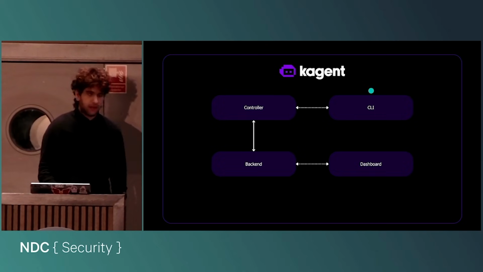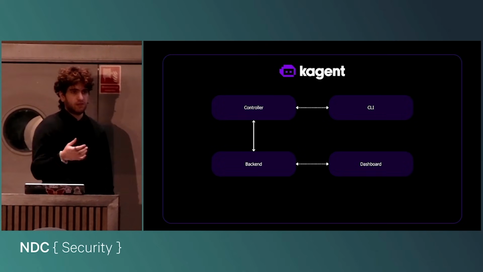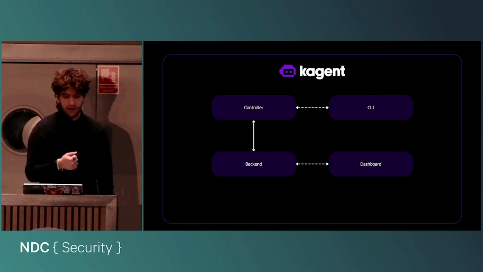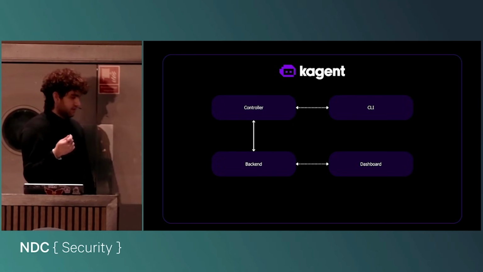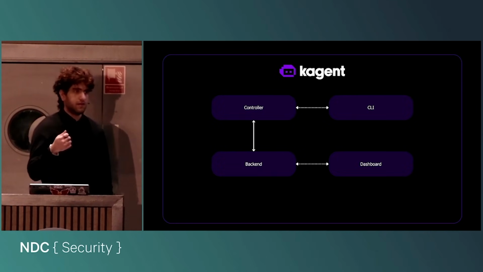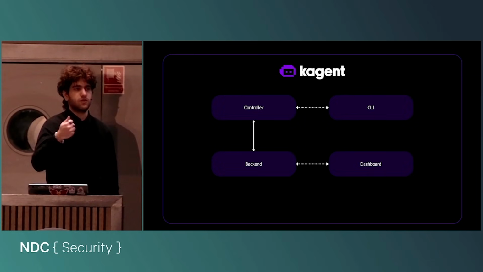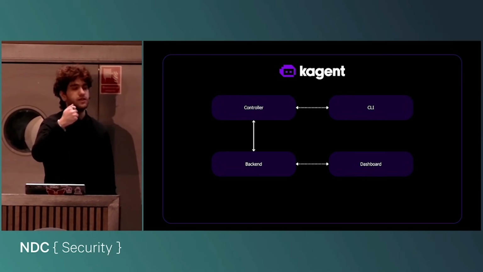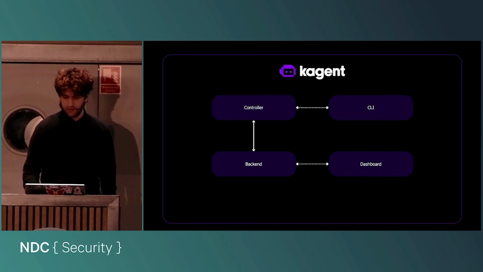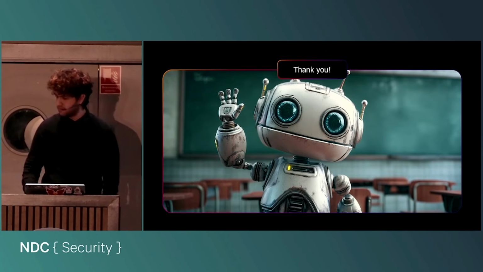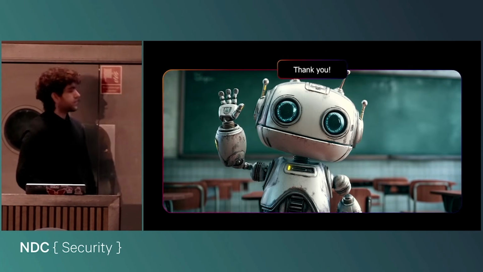They also have the dashboard, which is part of the UI we've looked at. And their backend and controller is more or less just leader election and deciding what kind of operation is going to happen. And with that, I think we're finished.